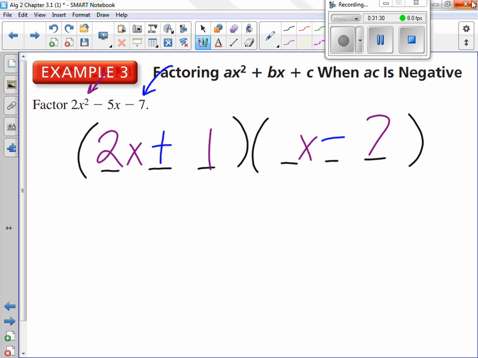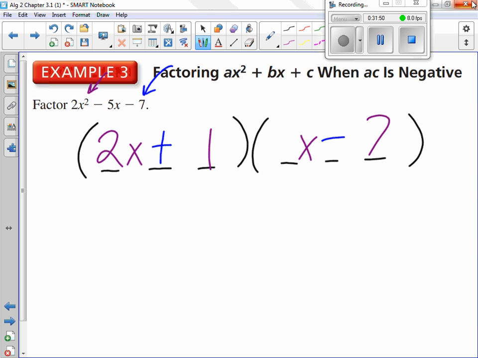So again, I'm just putting them down on the paper because we only have one set, so we only have one choice. Well, we could have done 7 and 1. We have another choice, but we only have one set of factors to choose from.